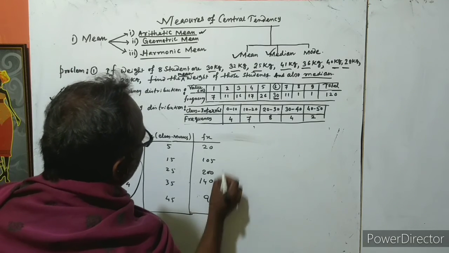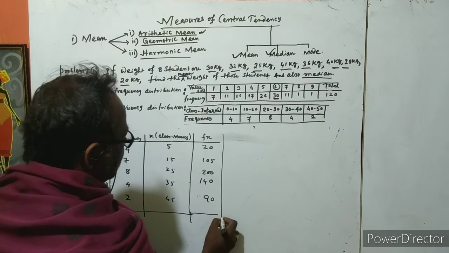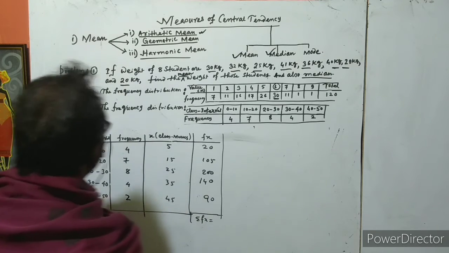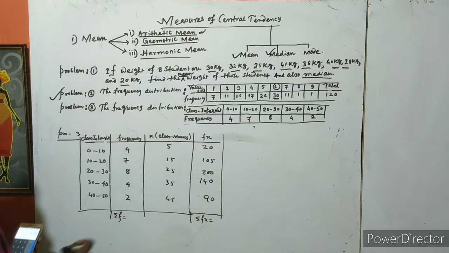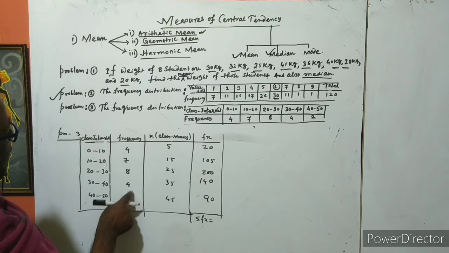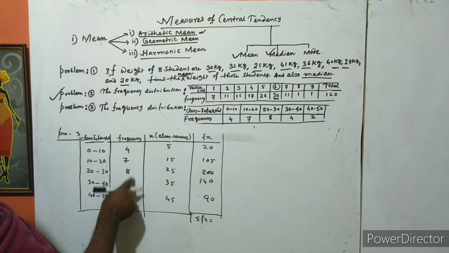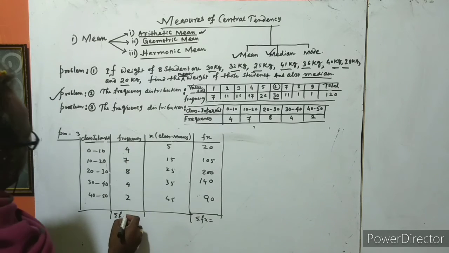Okay, now I need to find the summation fx, and f also. So see, this is here 8, 10, 14, 18, 25.